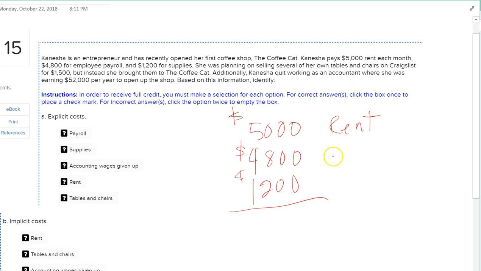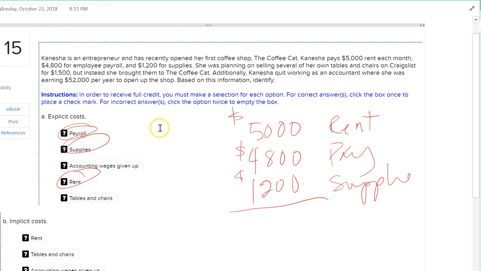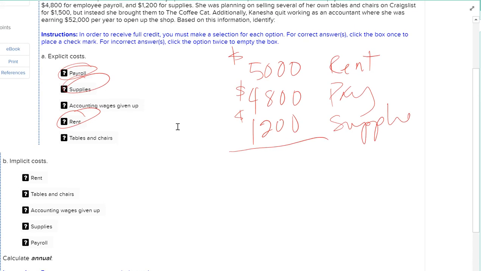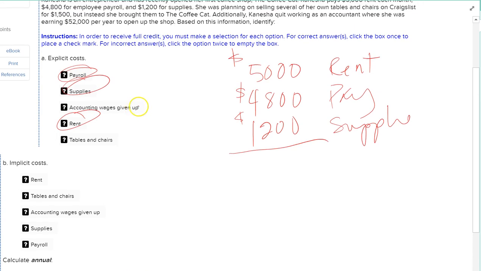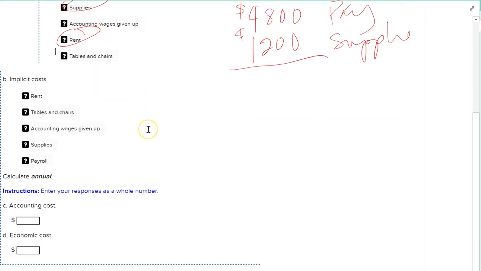Well, her explicit costs are these three things: her rent, her payroll, her supplies. So we can add this up, and, well, actually, they're not asking for that just yet, but payroll, supplies, and rent. Okay. We can see really easily that she did not lay out any cash for the table and chairs or for her accounting wages that she gave up.